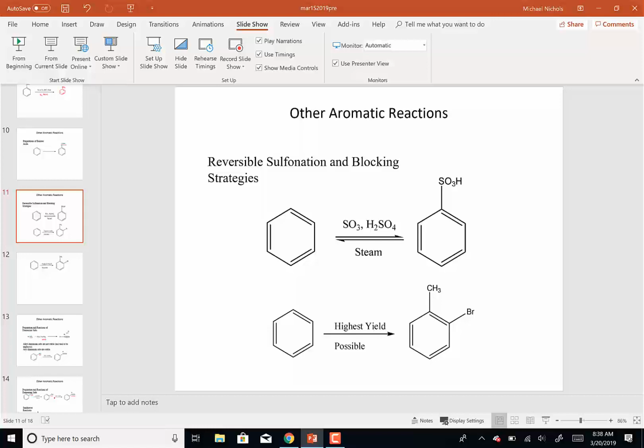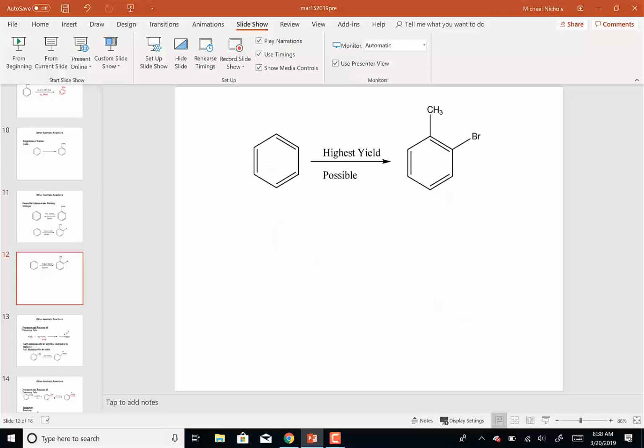And how would you do this kind of a reaction? Where would it be useful? Well, let's say that I gave you this problem. Or let's make it a real problem. So I'm working at a company, or I'm just doing academic research, and I need to make this molecule, and I want to make it in the highest yield possible.